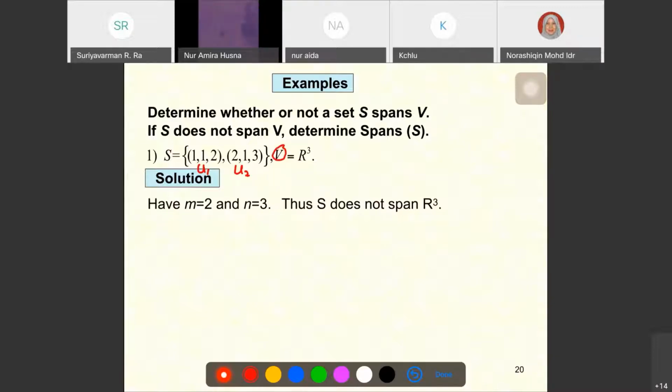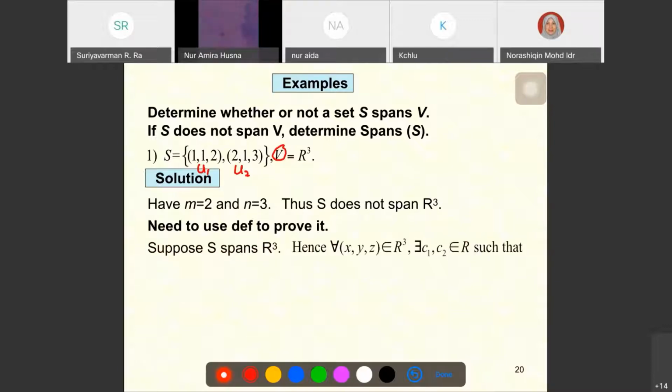But we cannot stop here. We need to use the definition to prove it. Suppose S spans R3, so that means there are c1, c2 such that (x, y, z) is a linear combination of (1, 1, 2) and (2, 1, 3), the one that we did before.